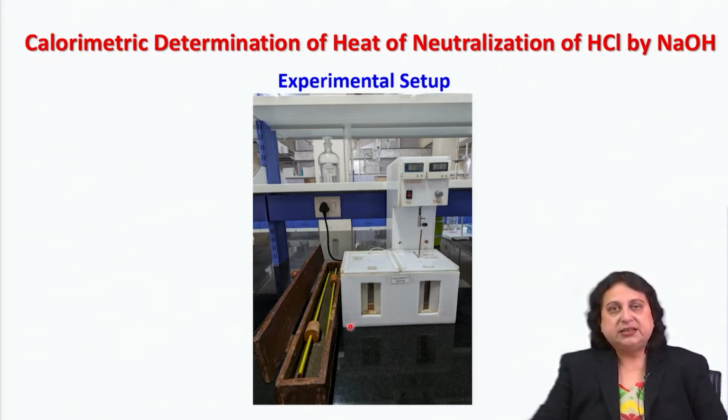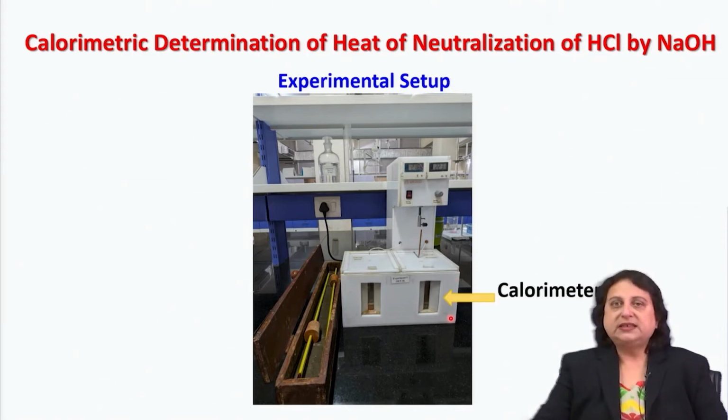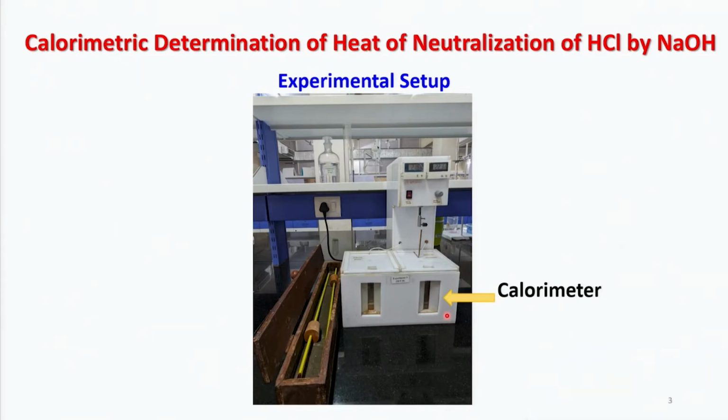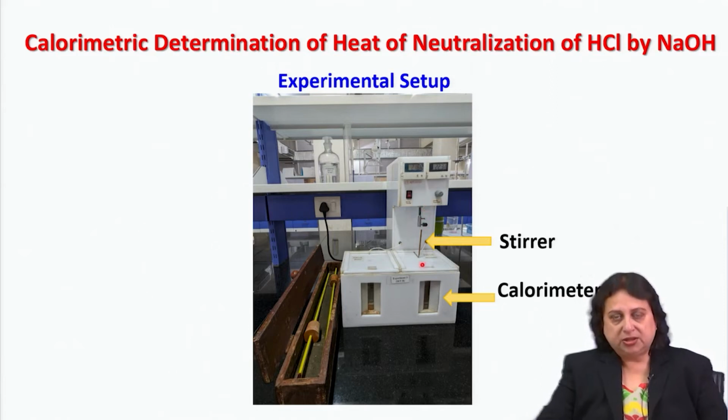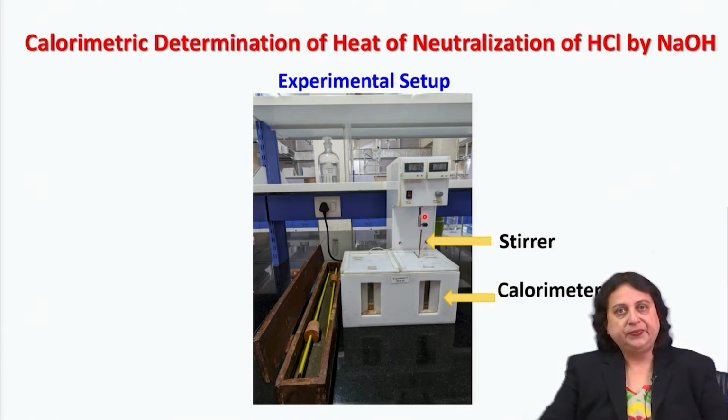You first see that there is a box like structure, and this is nothing but a calorimeter. I will come back to the calorimeter and what is inside it, but let me first focus your attention on a small copper wire which is sticking out from the calorimeter, and this is a stirrer.